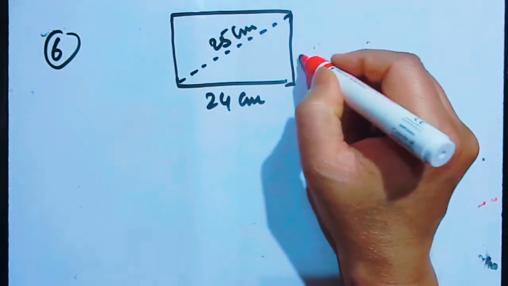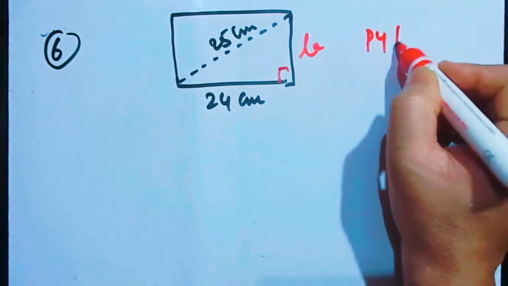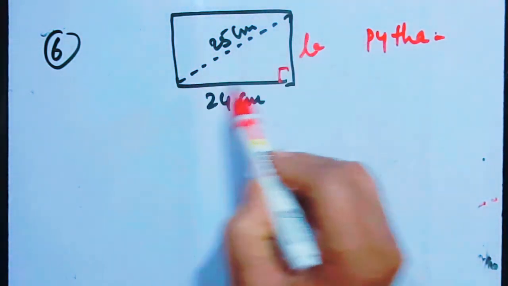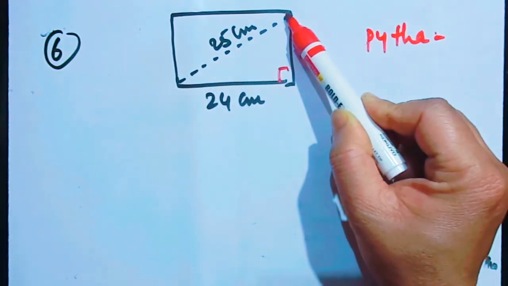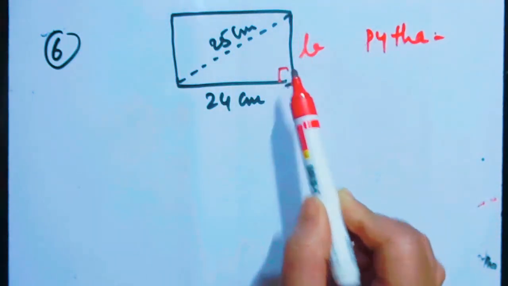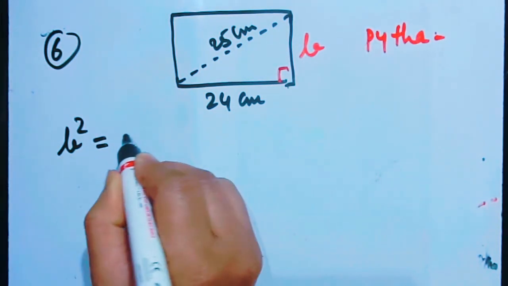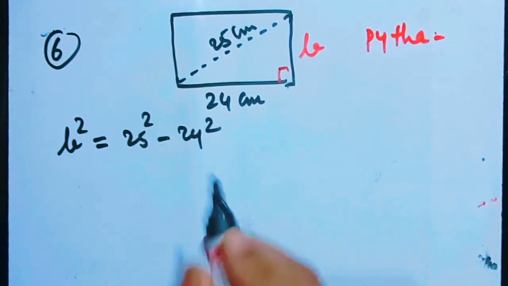I do not know B. So in order to find B, I will have to use the Pythagoras theorem. Why? Because this is a right angle triangle and here this is the hypotenuse which is given and this is the base which is given. The perpendicular is to be found out. So naturally B square will be equal to 25 square minus 24 square.